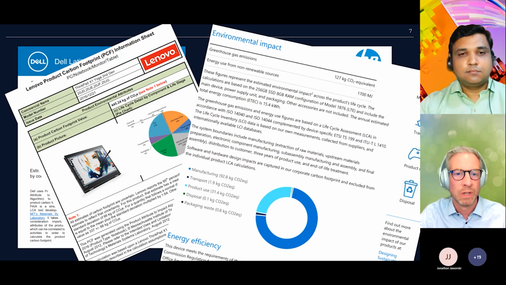So my strong recommendation here is to assess what devices you are currently purchasing and what the carbon footprint is for those, and then compare to see how much you could potentially save in carbon emissions just by choosing similar models to what you are already purchasing, and potentially also from another vendor than you are currently using.